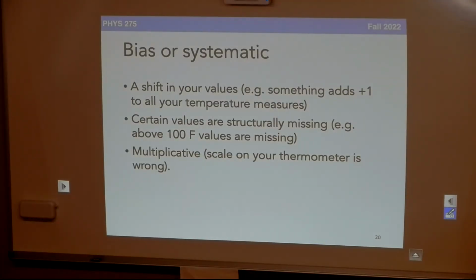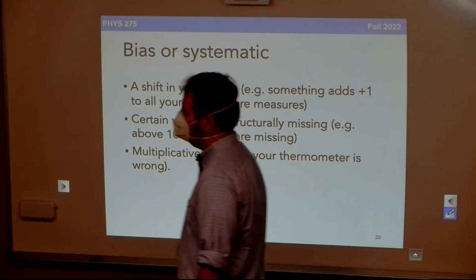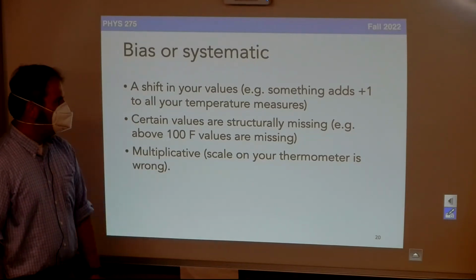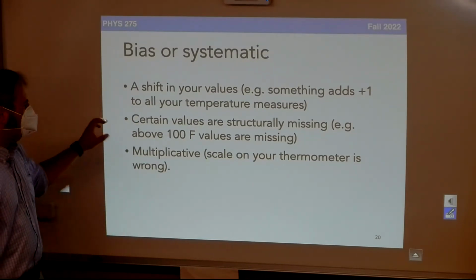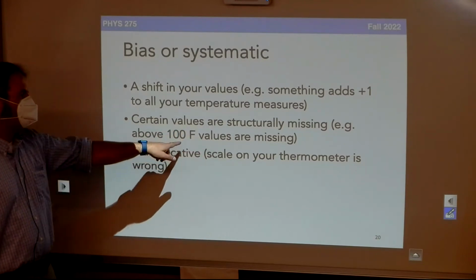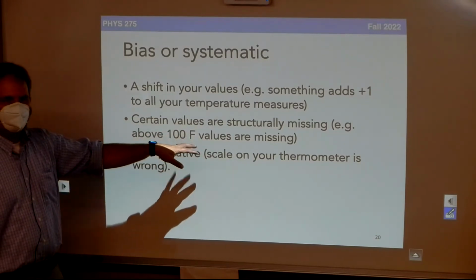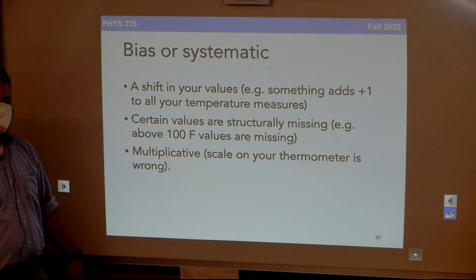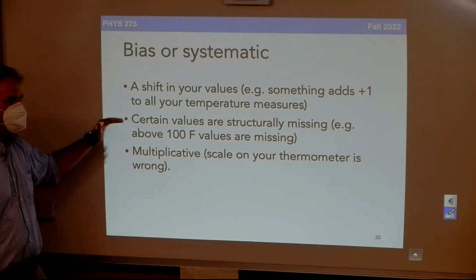All right. So the bias or systematics is a shift in your values. Something adds +1 to all your values, like, I don't know, your Arduino's acting up or something. Or certain values are structurally missing, like the 100 Fahrenheit values and above that are just never reported. Or multiplicative, where the scale on your thermometer is completely wrong. So these are things to be aware of.